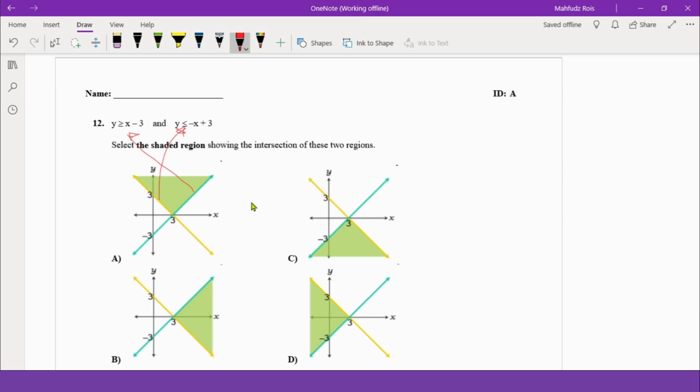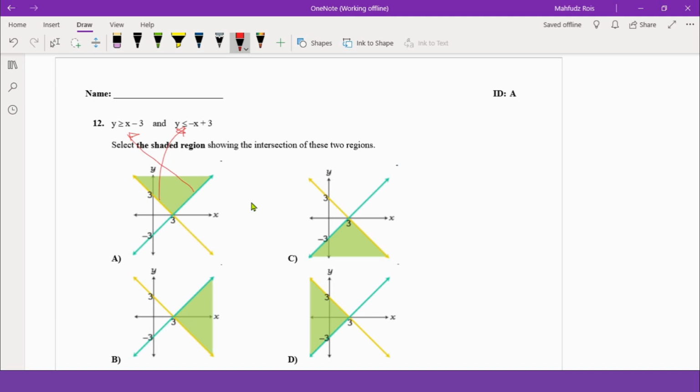Why is it like this? You can check. For the blue line, the intersection with the x-axis is when x equals 3 and y equals 0. For the yellow line, this point is (0, 3), x 0 and y 3, so it's correct. And this one is x 3, y 0, so x equals 3, which is correct for the yellow line.